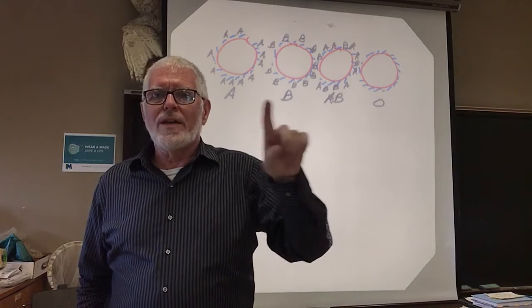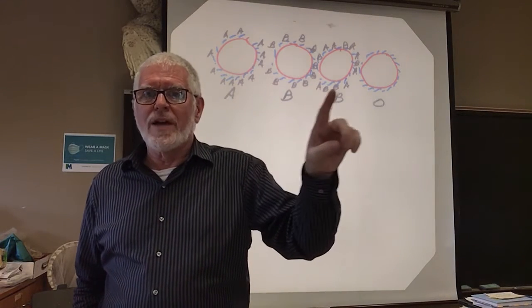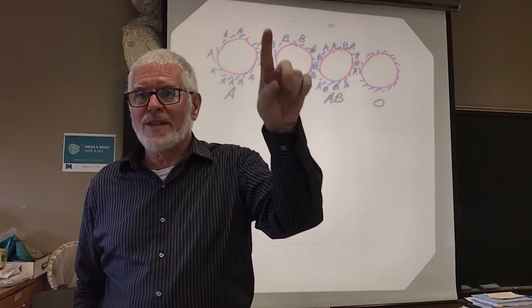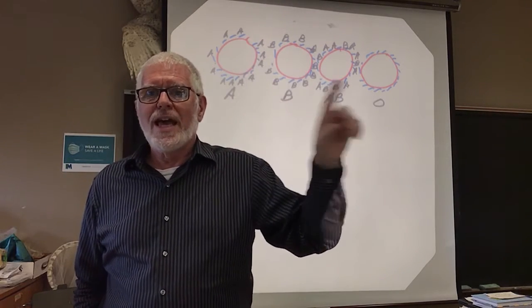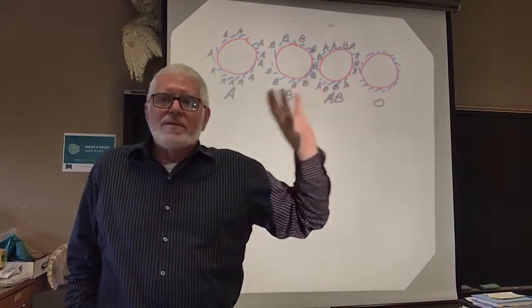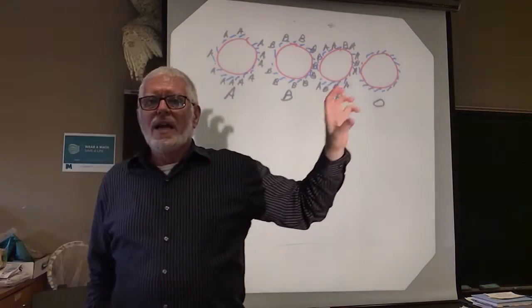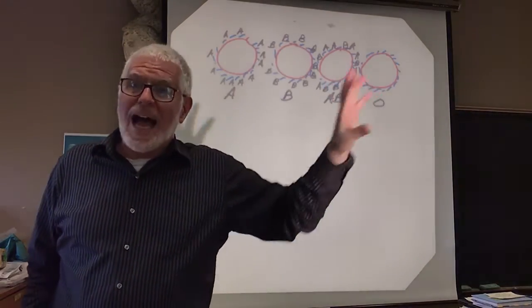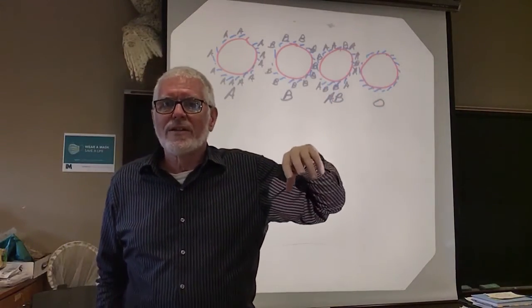If you have O blood, and I have A blood, if you give me O blood, my immune system recognizes these bases because I have some of those sticking out of my blood cells. And it goes, oh, okay, that belongs to us. It's fine, leave it alone. So O is the universal donor. You can give it to anybody, and everybody's immune system kind of recognizes it as belonging there.